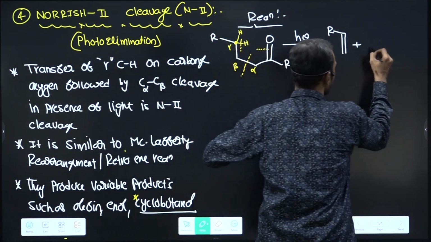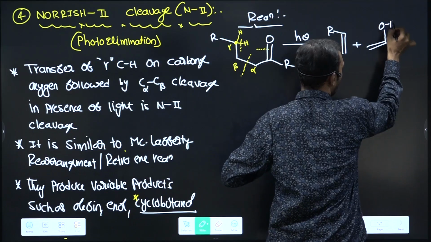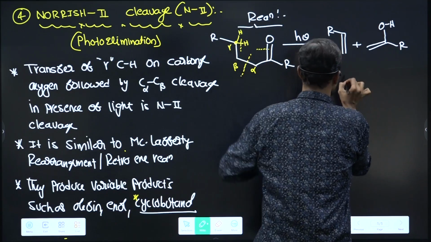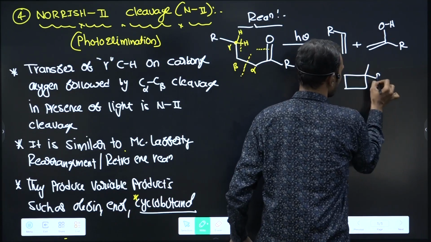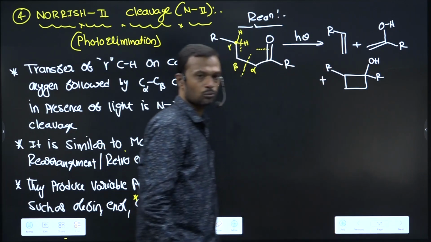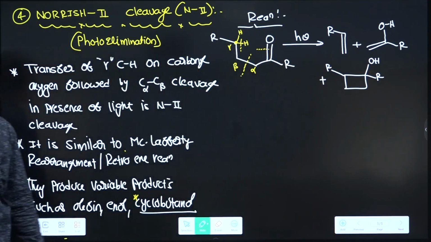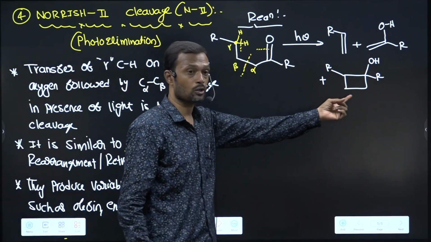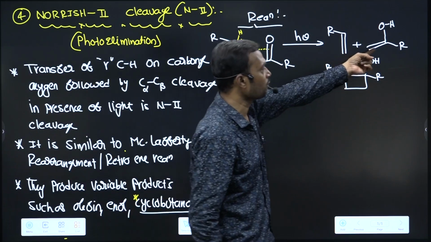This radical gives an enol, and here R will be constant. And what is one more product? This radical undergoes cyclization. This is O, R, and this is this. What is this? Cyclobutanol. This is called the Norrish II product. This is the Norrish cleavage product.